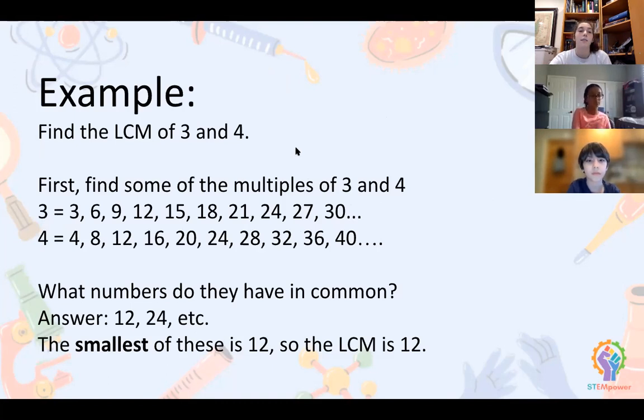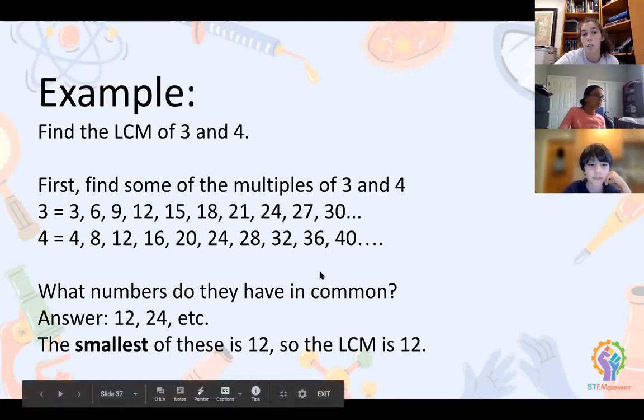And so finding the least common multiple of 3 and 4, you have to list the multiples of 3 and 4, and then you see what's the very first number that they both have in common.